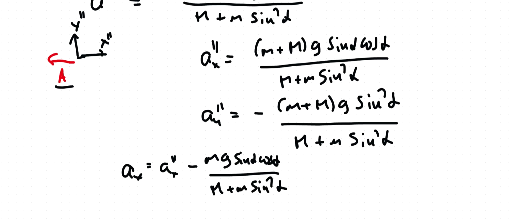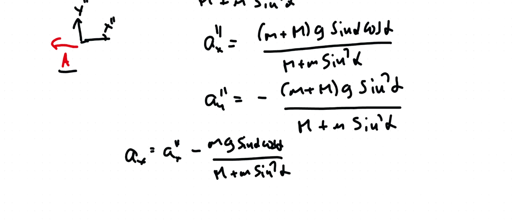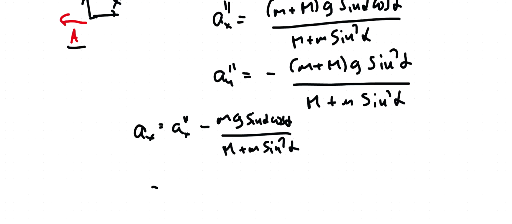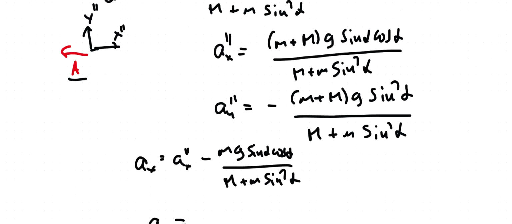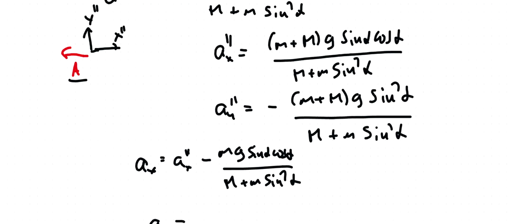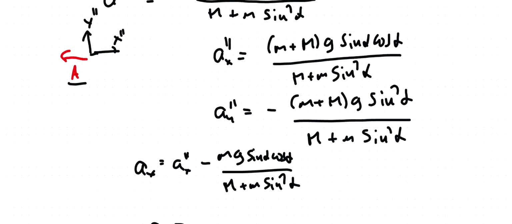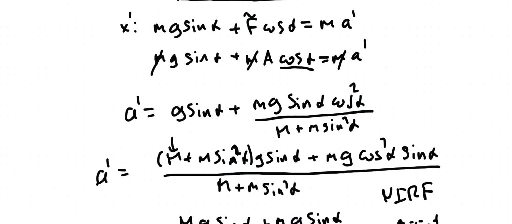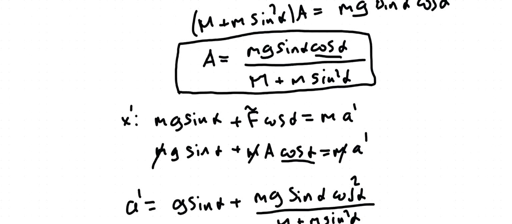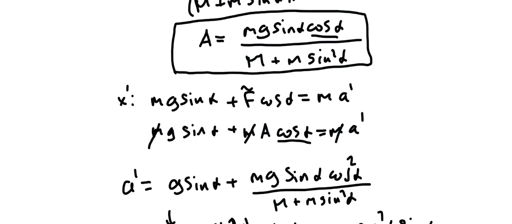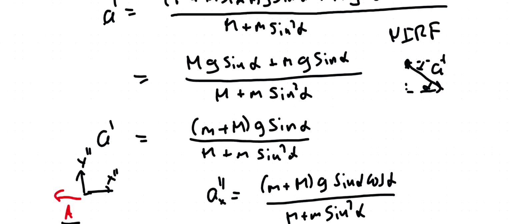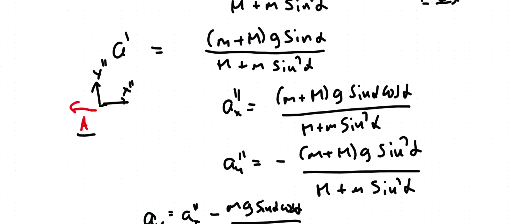Okay, and it's obvious that it just cancels this term with the small m. Let me just double check that I did that right. Capital A, I'm checking that again, small mg sine alpha cosine alpha per capital M plus m sine squared alpha. So yes, indeed, that's the term that gets canceled.